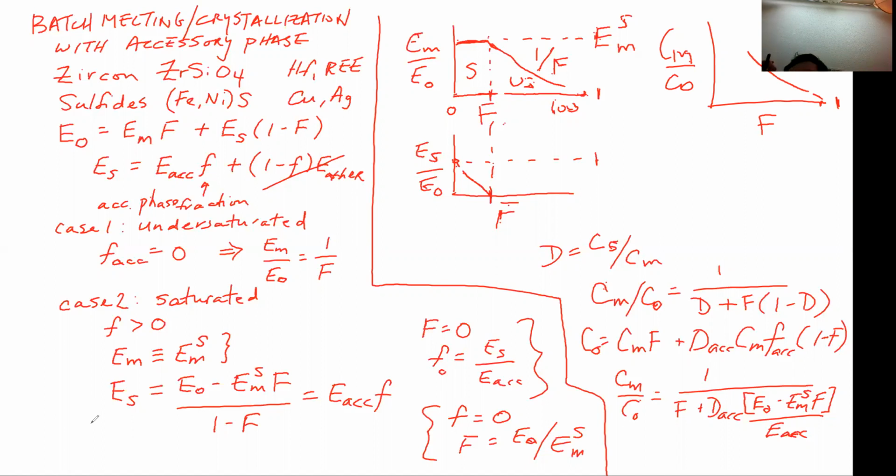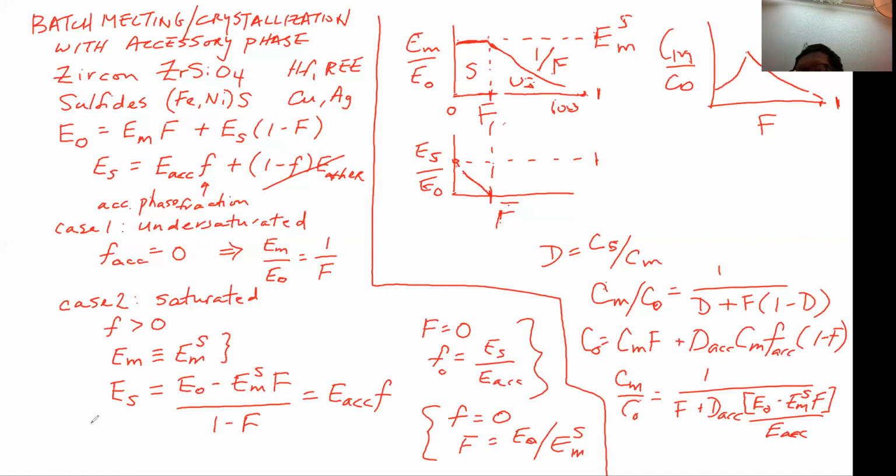Obviously, you can add the complexity where all the non-accessory minerals, all the other phases, do contain some of this element. So it might be less than the 1 over F relationship, but I'm not going to do that for simplicity. But once you saturate, like here, then the partitioning of this element into the accessory phase becomes important. And so you're going to have the curve look like this.